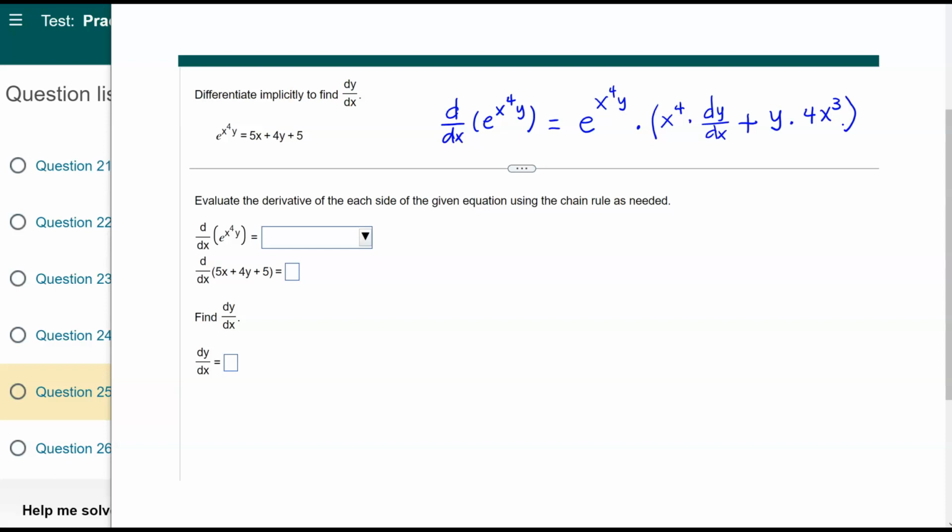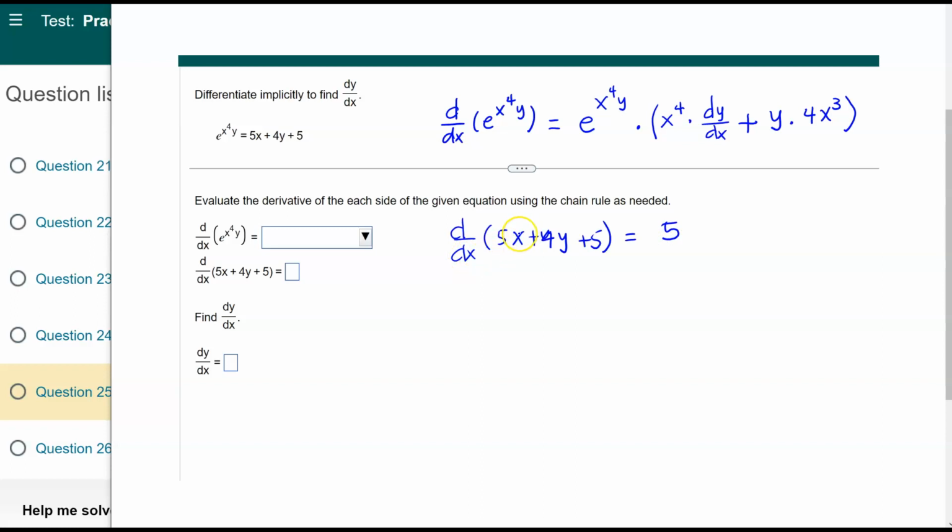Now, for the right-hand side of the equation, the derivative with respect to x of 5x plus 4y plus 5, you just differentiate each term. The derivative of 5x is just 5, because you're differentiating it with respect to x.